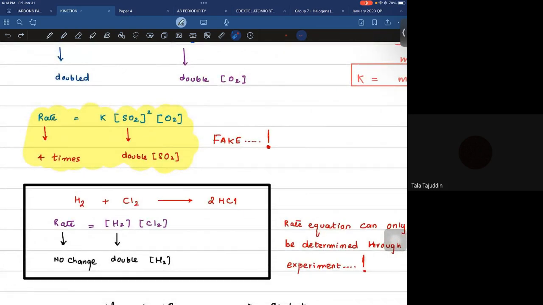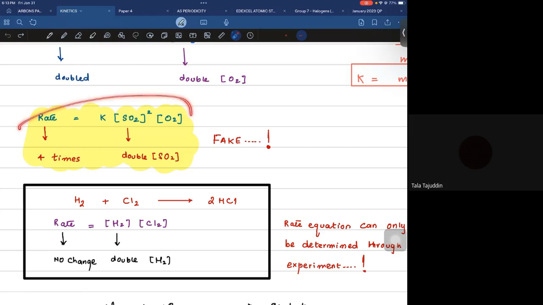Whenever we write the powers for the reactants by looking at the equation, it doesn't mean that is always what happens.